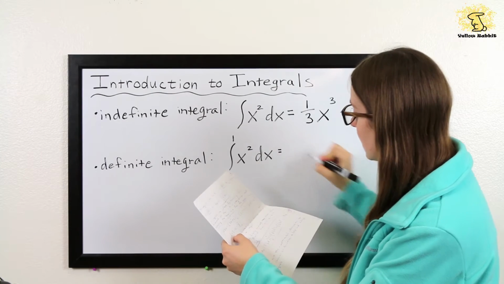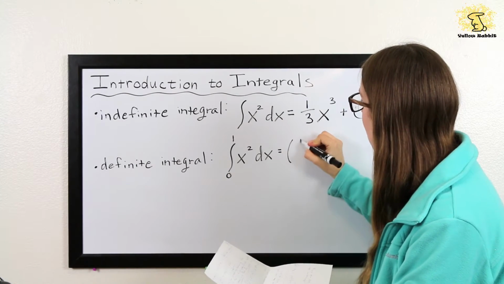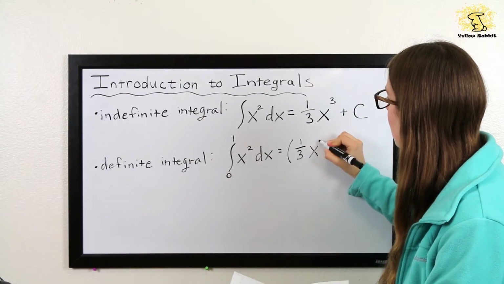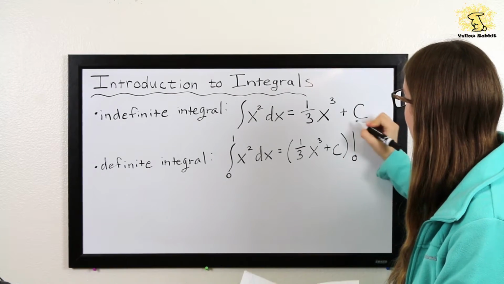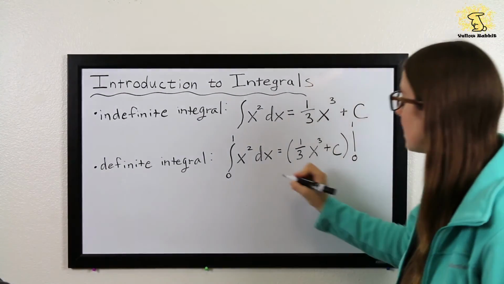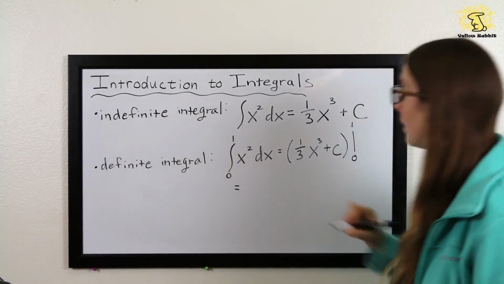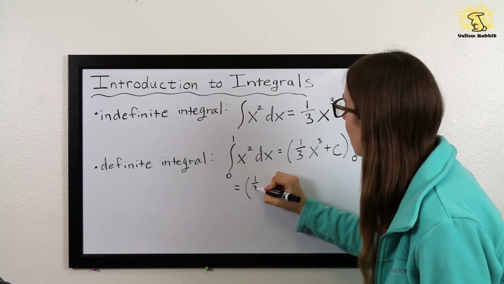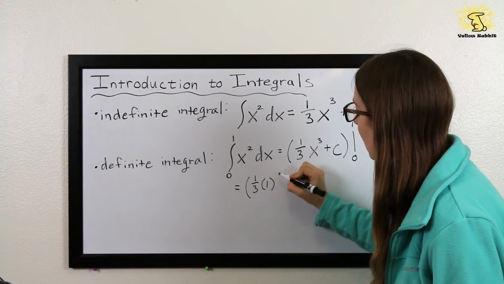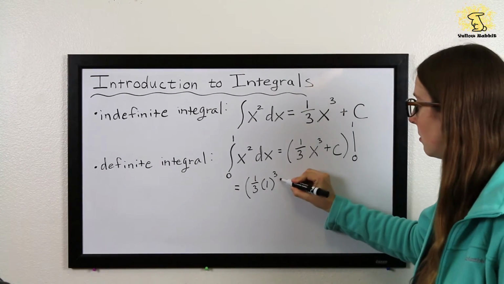So in this case, my solution would be the antiderivative evaluated at my upper and lower limits. Evaluated at the upper limit, this gives me 1/3 times 1 cubed plus c.